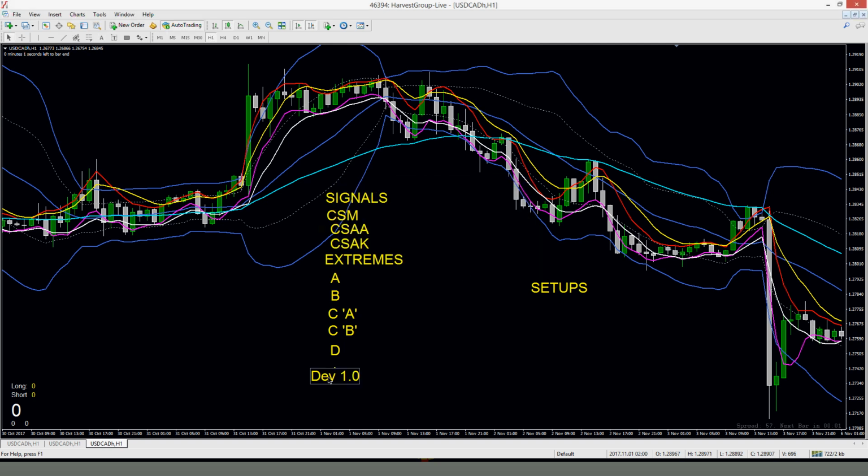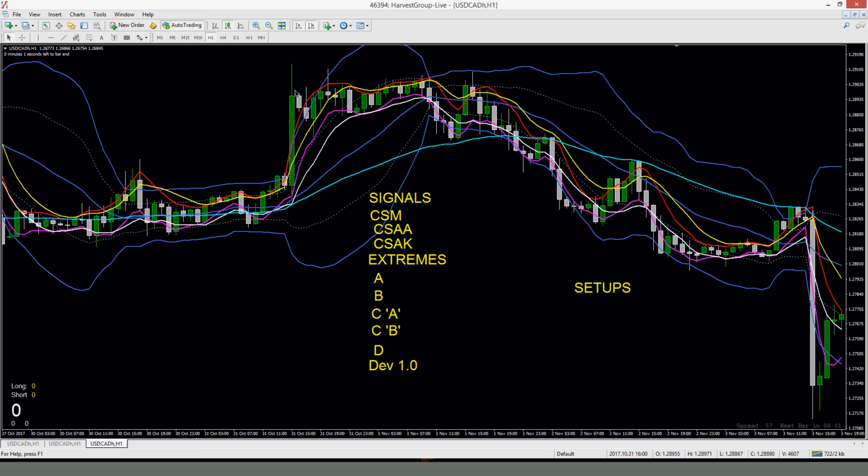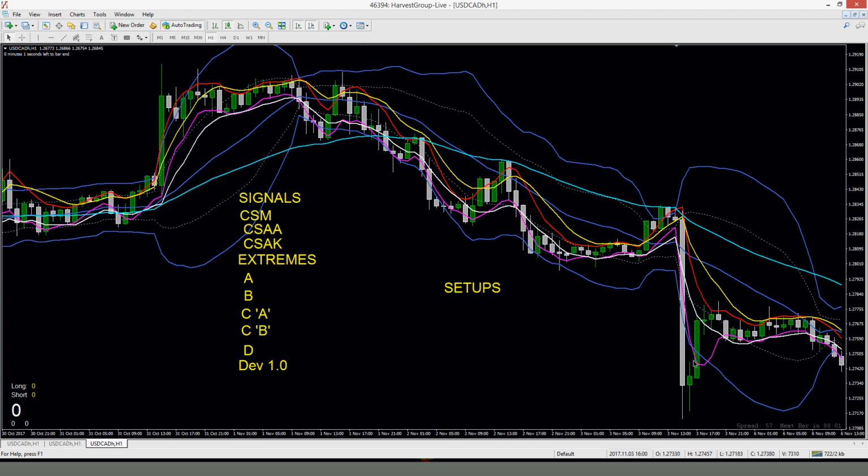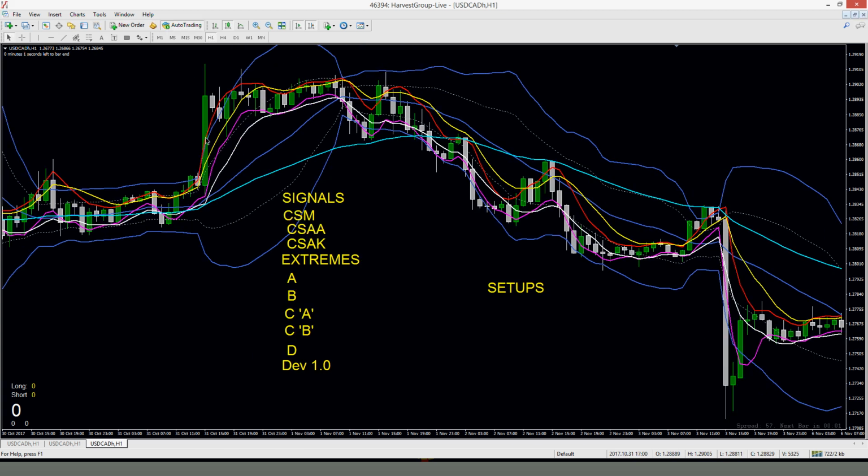Okay, so I think everyone already knows about the signals CSM, CSA awal, CSA kuku. And I'm just going to go through quickly the different types of extremes. So whenever the MA is outside the Linggard band, this is an extreme A. Okay, extreme A buy, extreme A sell.